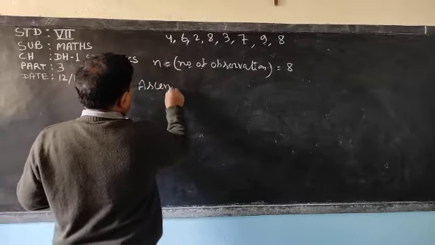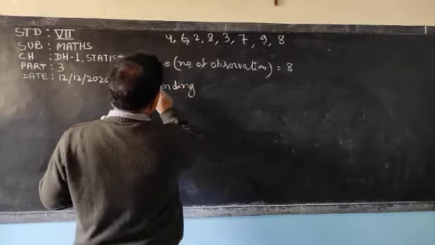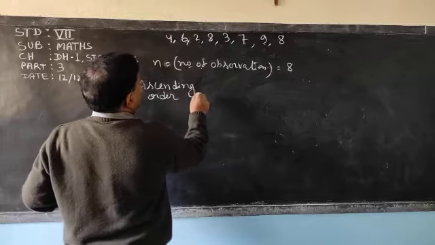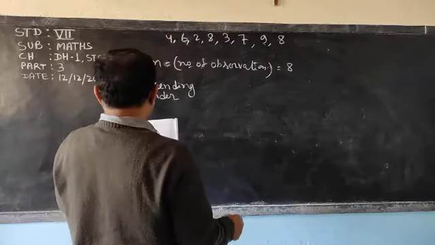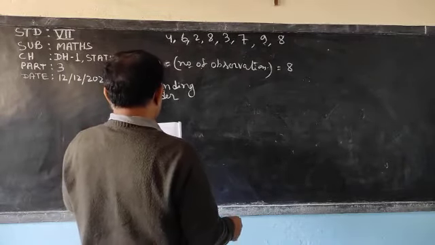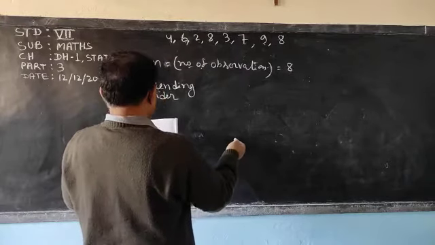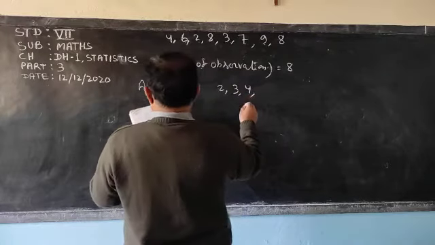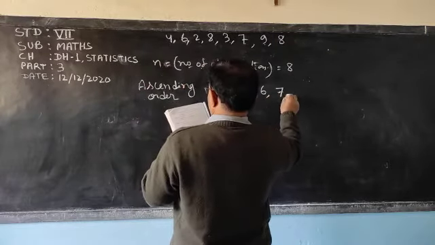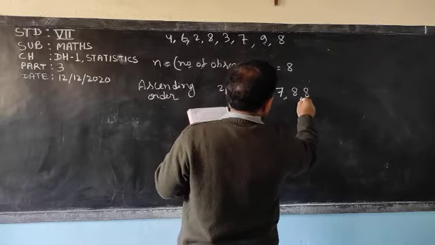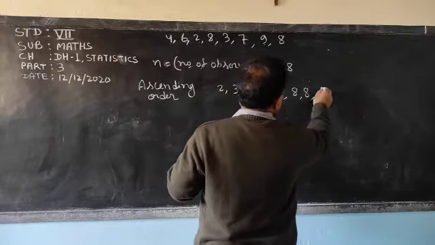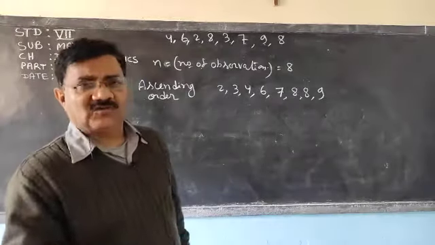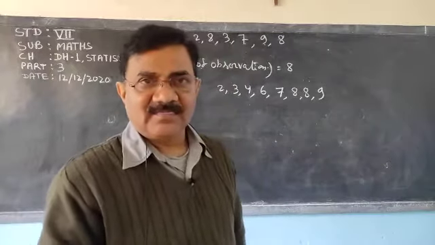And let us arrange in ascending order. Just to explain, I am writing. So, if we write in ascending order or descending order, okay, 2, 3, 4, 6, 7, 8, 8, then 9. You can write in ascending or descending order, both, the same answer will come.